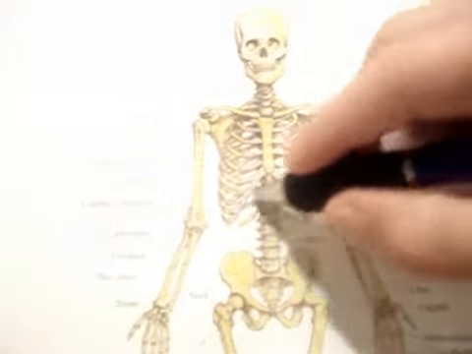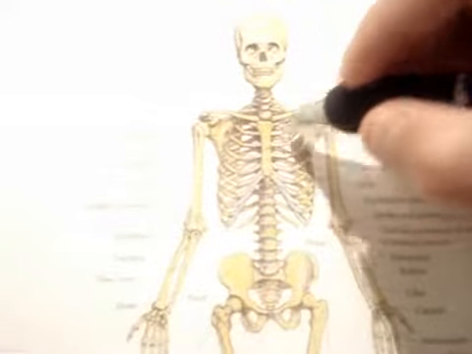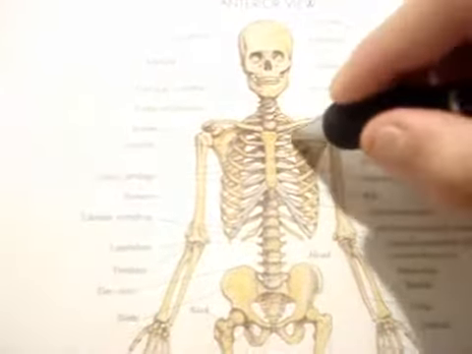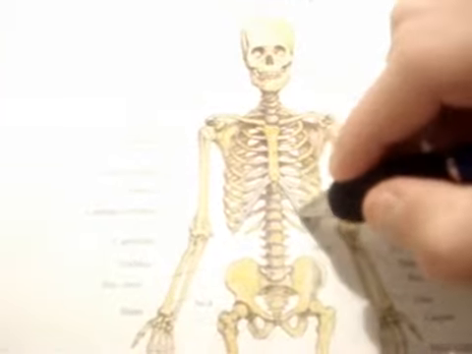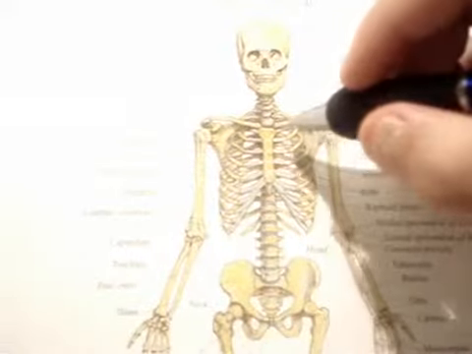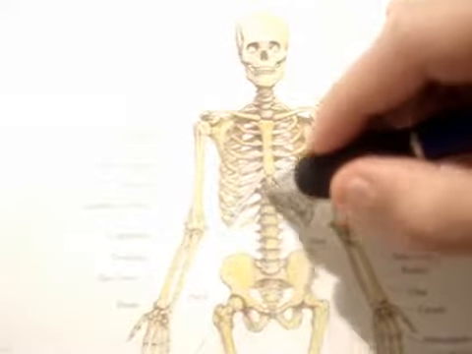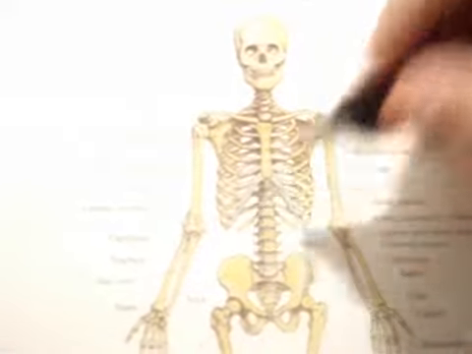The ribs, this area here, which is actually called the rib cage because it looks like a cage, consist of 12 ribs, only the first 10 of which are attached to the sternum, or the breastbone. All 12 ribs attach to the thoracic vertebral column on the backside.